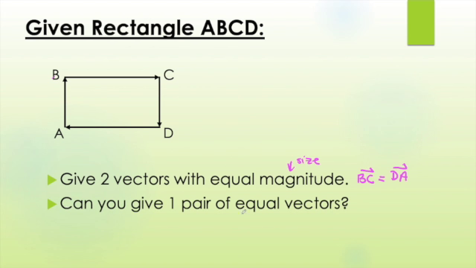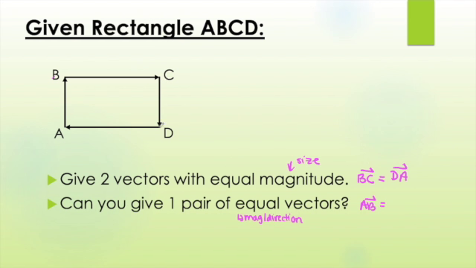Can you give 1 pair of equal vectors? Remember, equal needs the same magnitude and direction. So let's go with AB, that's just what I'm choosing. AB is equal to what? Well, you need to write CD, because they have to have the same magnitude.